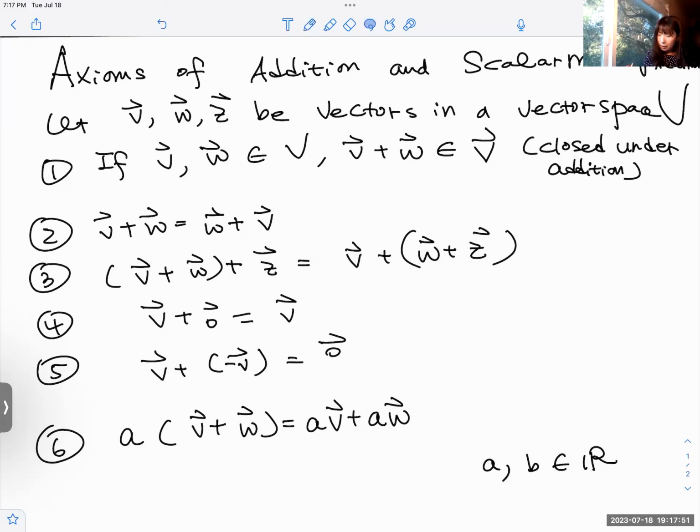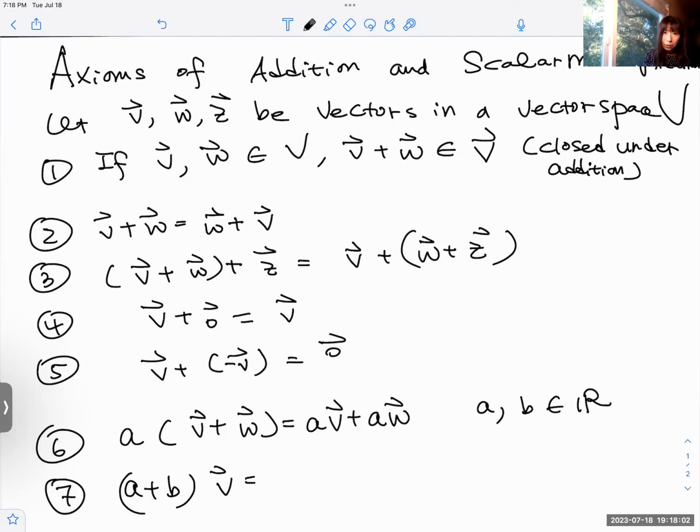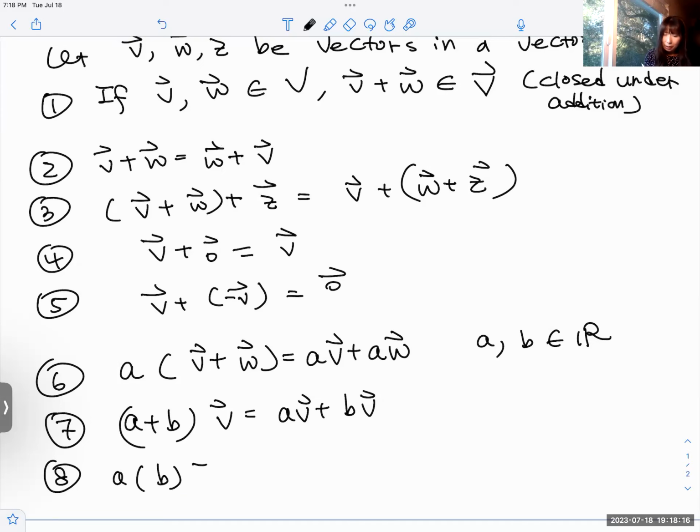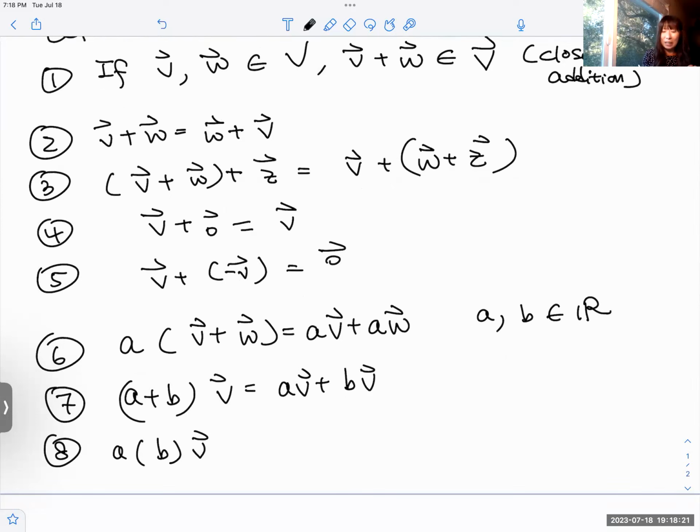Number 7: A plus B times V equals AV plus BV. And number 8: A times BV, so AB times V equals A times BV, the associative law in multiplication.